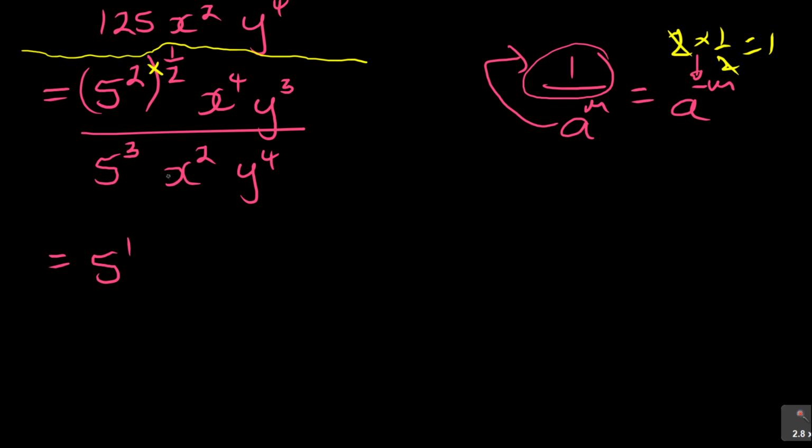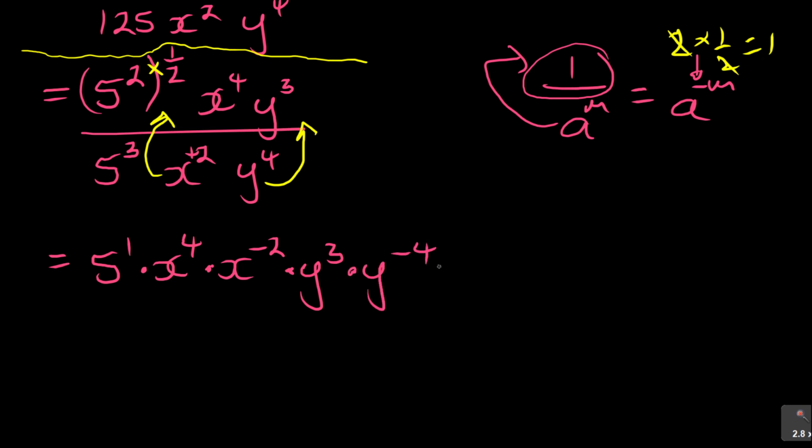So I'm going to take x squared to the top and y4 to the top. Here x to the power 4, and x squared joins, dot x to the power negative 2. You see, it was positive, it becomes negative. Then I have y to the power of 3, and I want y4 to go up, it becomes y to the power negative 4.